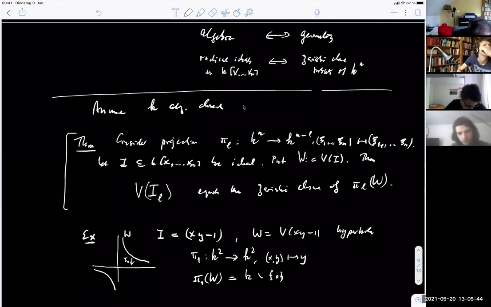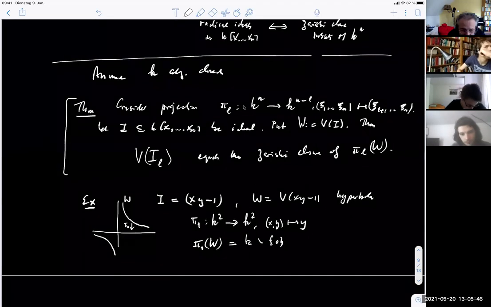Now, this is not Zariski closed. I know we did not train Zariski topology, but why? We wonder what the Zariski closed subsets of K are. Well, these are zero sets of polynomials. Take one polynomial.